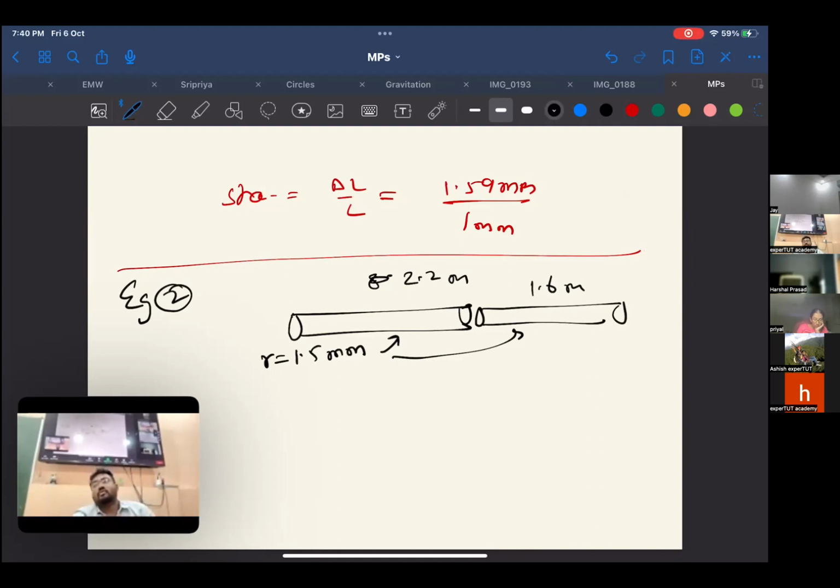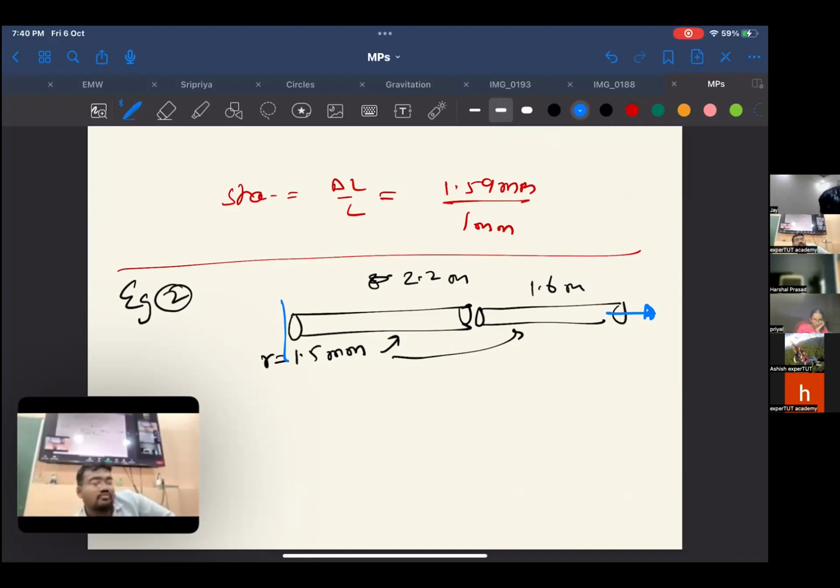Obtain the load applied. So when two wires are connected in series, what is same for them? Two wires are connected, these two wires are connected in series, and then you are applying force like this. So what is same for both of them? Yes, the force is same.